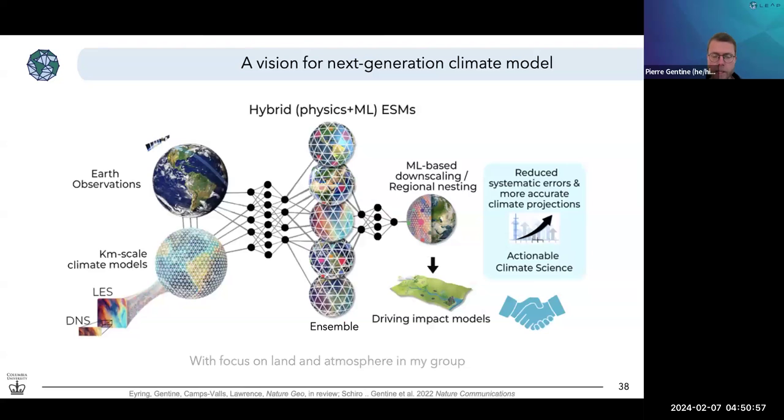This is a paper we submitted with my colleague Veronica Eyring and some other colleagues, showcasing this vision for the next generation of climate models, where we have hybrid models that have a lot of AI in them, but also a lot of physics, leveraging high resolution simulations and the observations to lead to the best quality models that we want, along with, if needed, some regional nesting or downscaling, which could also be machine learning based. In fact, there's a lot of development in that space, so that we can drive impact models, which is what we want in the end. So with that, I'll leave you here and happy to take any questions.